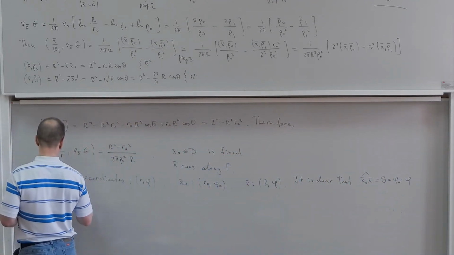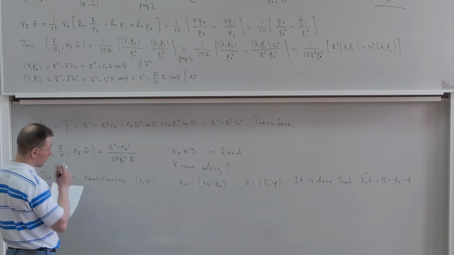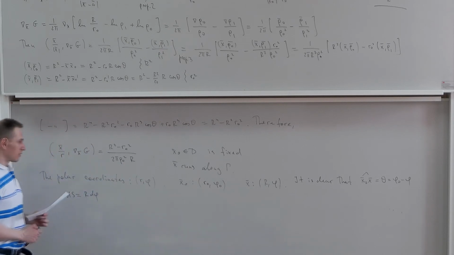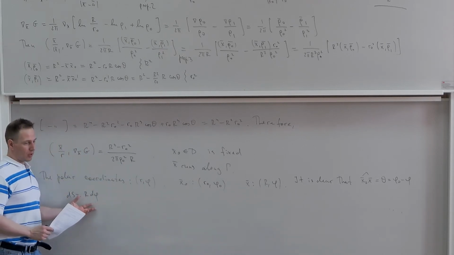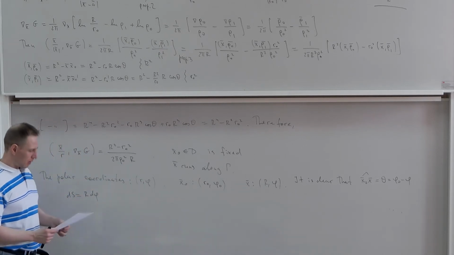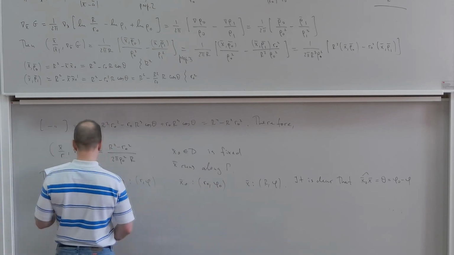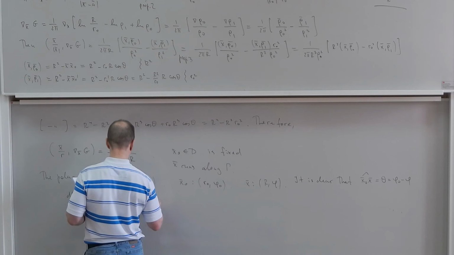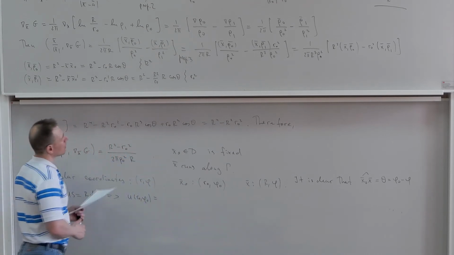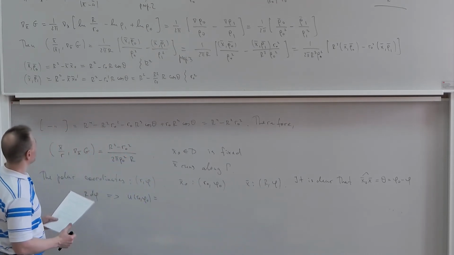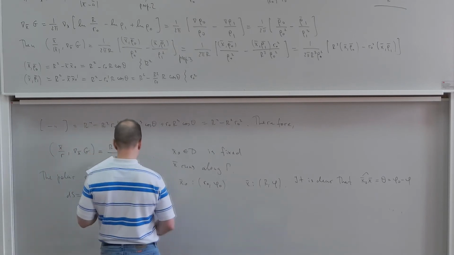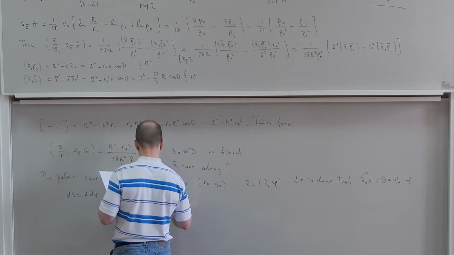It is also clear that in this system of coordinates ds is equal to r times d phi, and then we can write the solution of the Dirichlet problem taken at the point r0, phi0 in terms of the form integral.